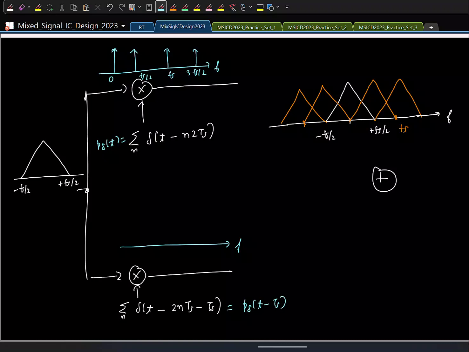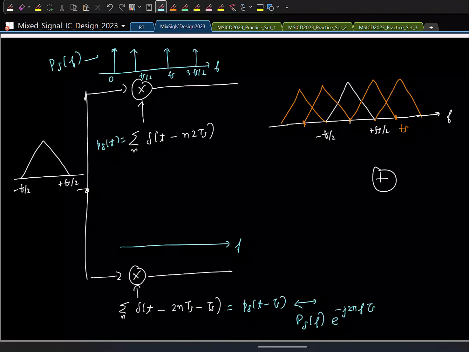If this is some p delta of f, what will be the Fourier transform of this? Okay. So it's again going to be a train of impulses with an additional phase shift, right?